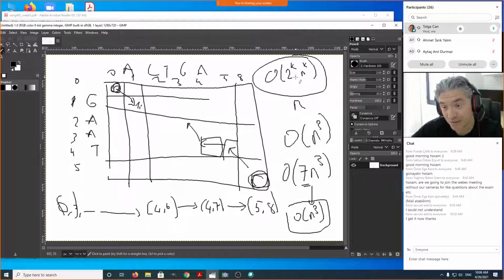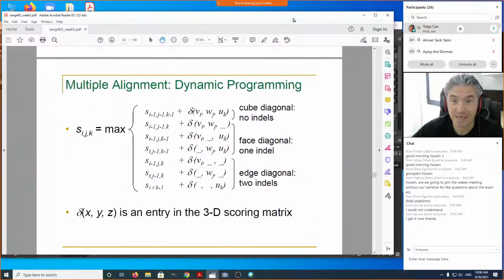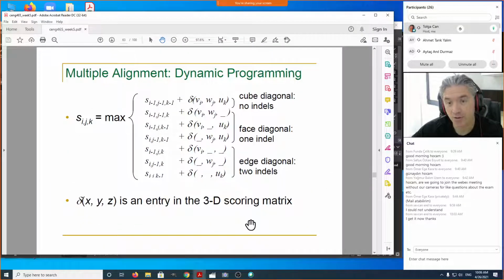For 3 sequences, it's still doable if you can spend O(n^3) time. But for more sequences, when k gets to 20, since it's exponential, it's going to increase rapidly as k increases. So practically, this dynamic programming solution is not used in multiple sequence alignment algorithms because it's really costly.